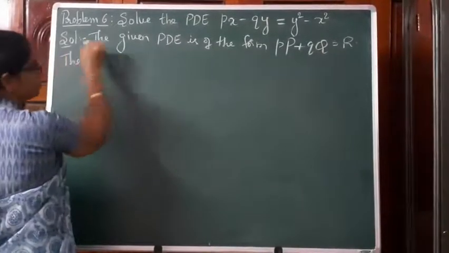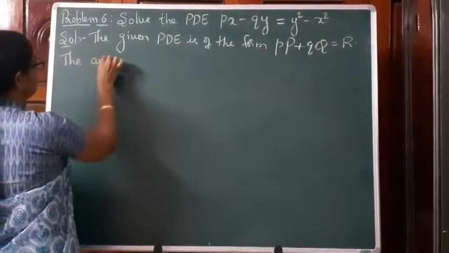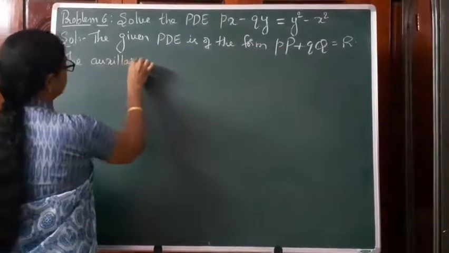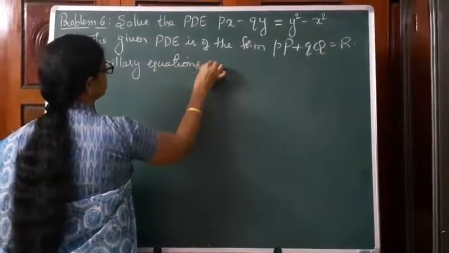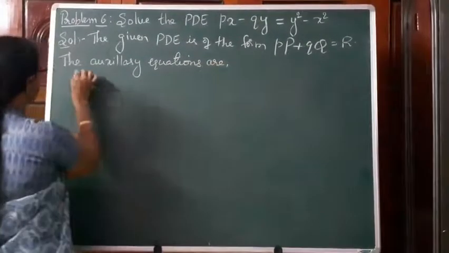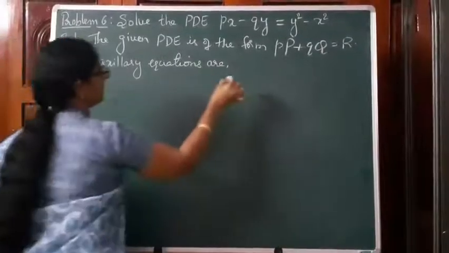So to solve this equation, we consider the auxiliary equations. What is P here?